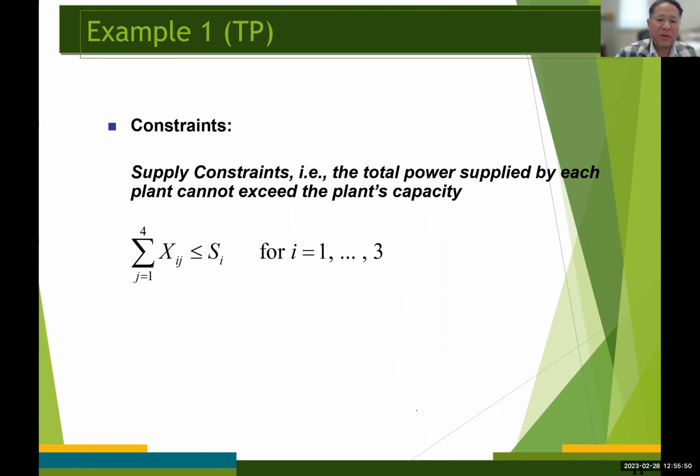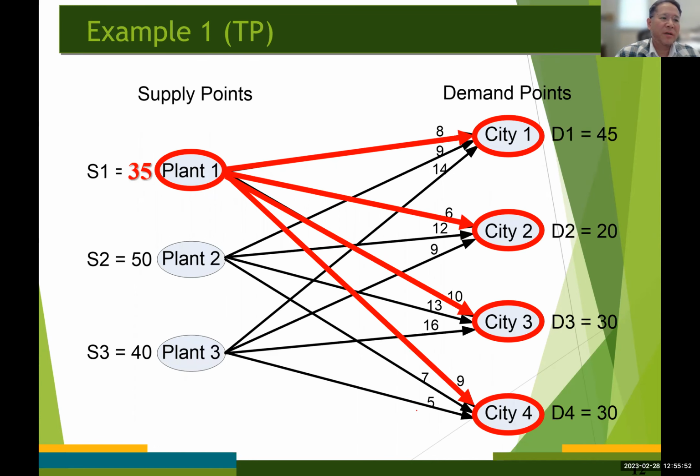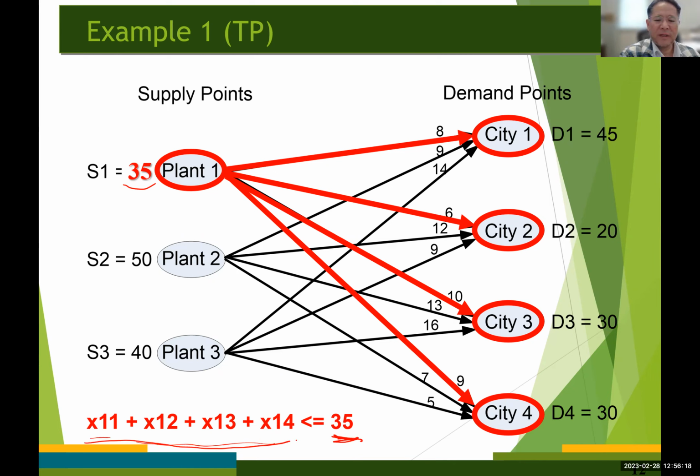For example, the total amount of power sent from plant number 1 to the 4 cities cannot exceed the plant's capacity of 35 million kilowatts. So we put 35 on the right-hand side, and this value has to be greater than or equal to the summation of x11, x12, x13, and x14.